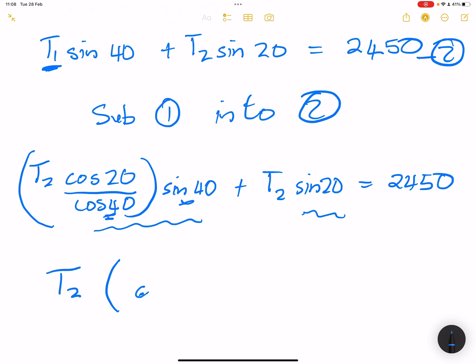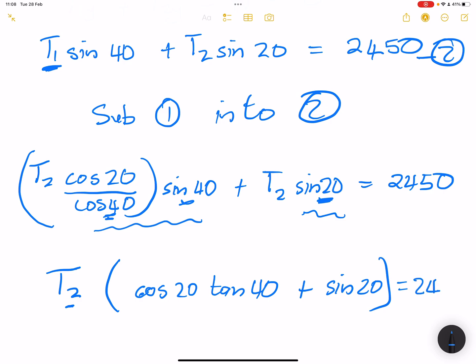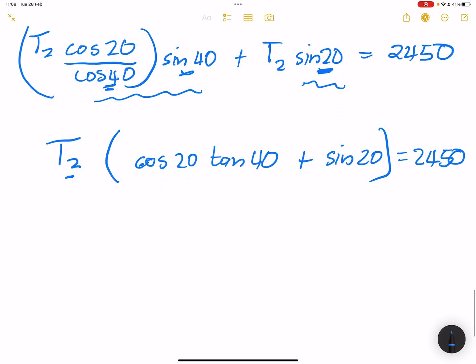So this would be cos of 20 tan 40, plus, remember we've taken out T2 as the subject of the formula, sine of 20. And this is equal to 2450.